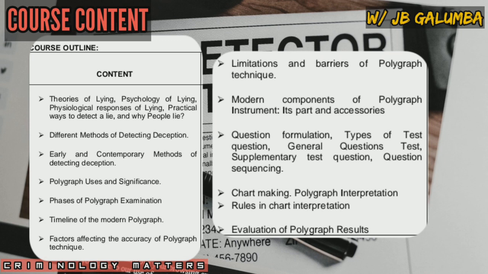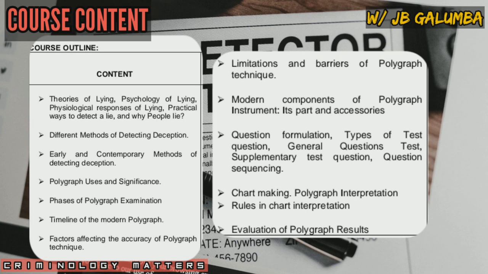And then after that, we're going to be talking about the factors affecting the accuracy of the polygraph technique. Other resources may claim that we have a specific accuracy rate for polygraph examination, but in the majority of cases, we cannot really figure out the accuracy rate of a polygraph result because there are a lot of factors that we should take into consideration, and these factors actually affect the accuracy of the result.